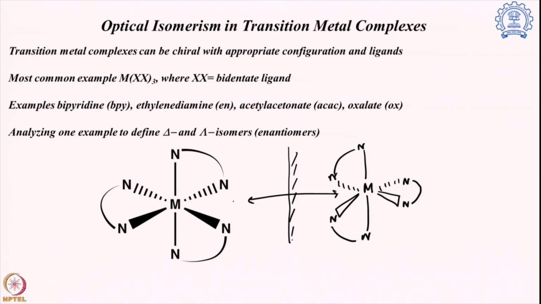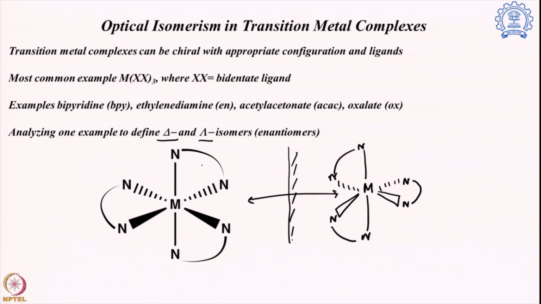That means they are optically active compounds, so we need a nomenclature to distinguish between those two enantiomers. For that, we have a definition of delta and lambda isomers. How to do that?